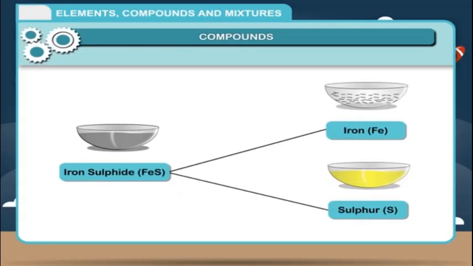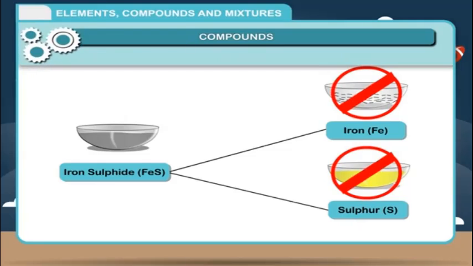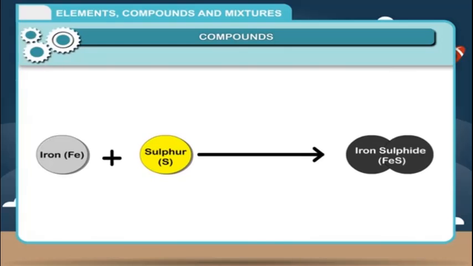If we break the molecule of iron sulfide, we will not get atoms of similar type as in case of iron or sulfur molecules. They will differ from each other as they are of different elements, but molecules of FeS will resemble each other. Diagrammatically, the change can be shown as iron, Fe, plus sulfur, S. Elements: gray plus yellow.